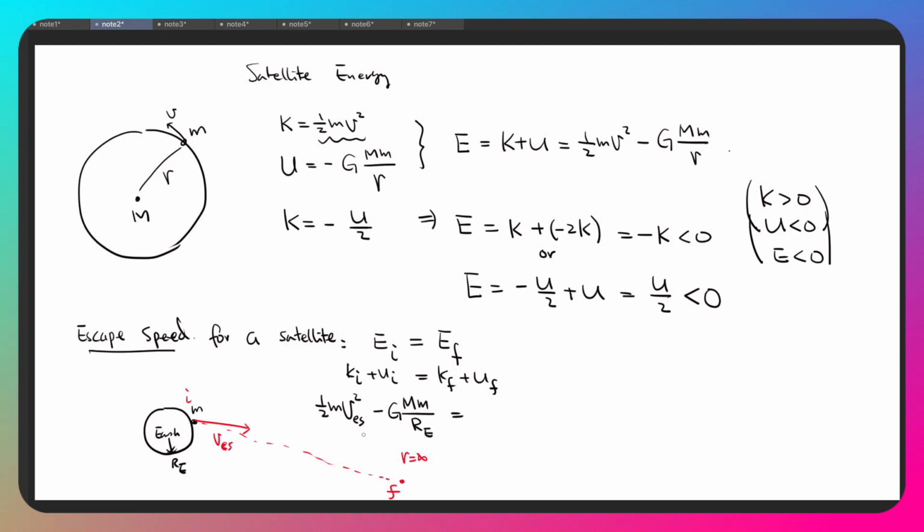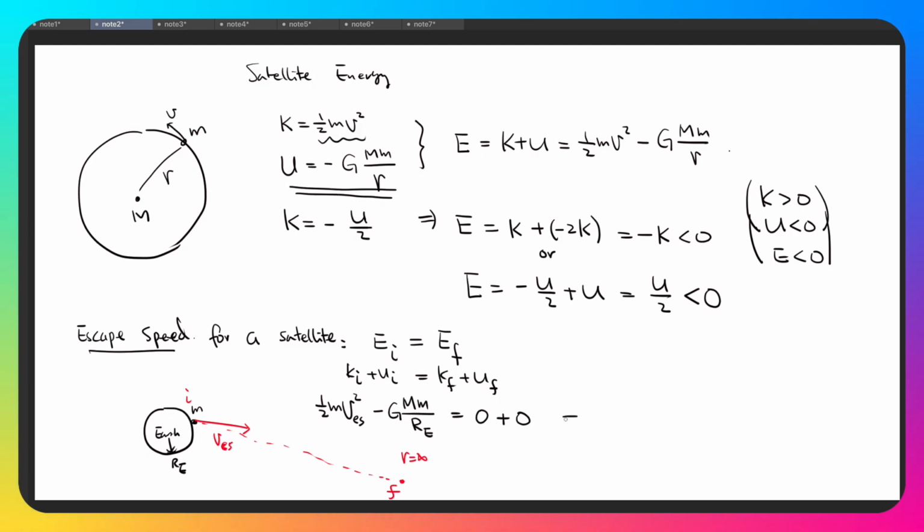So we try to find the minimum speed, which we call escape speed. So that's why we don't need to have any kinetic energy left at the final position. So you can say 0 here. That's the minimum K you can have. And then at infinity, remember this formula for the potential energy. When r equals infinity, this U here is 0, right? So that's why we get 0 here. So that gives us an equation to calculate the escape speed.